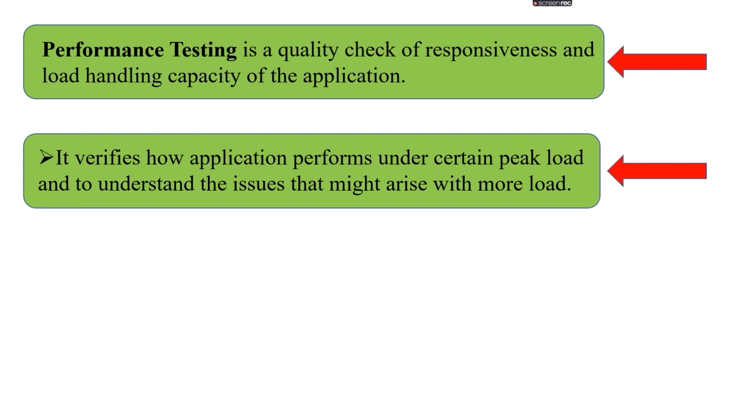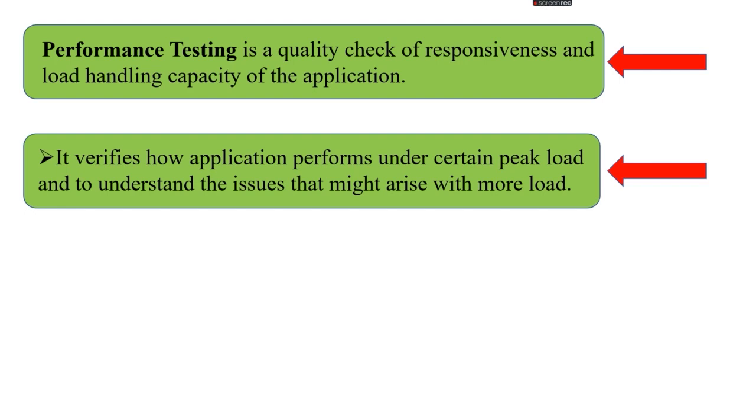Where it comes to peak load, for example, my application is accessed by 500 users in an hour a day, which is a peak load. 500 users is my peak load. So, in that particular hour, if 500 members are accessing my application, how does my application behave under that peak load?